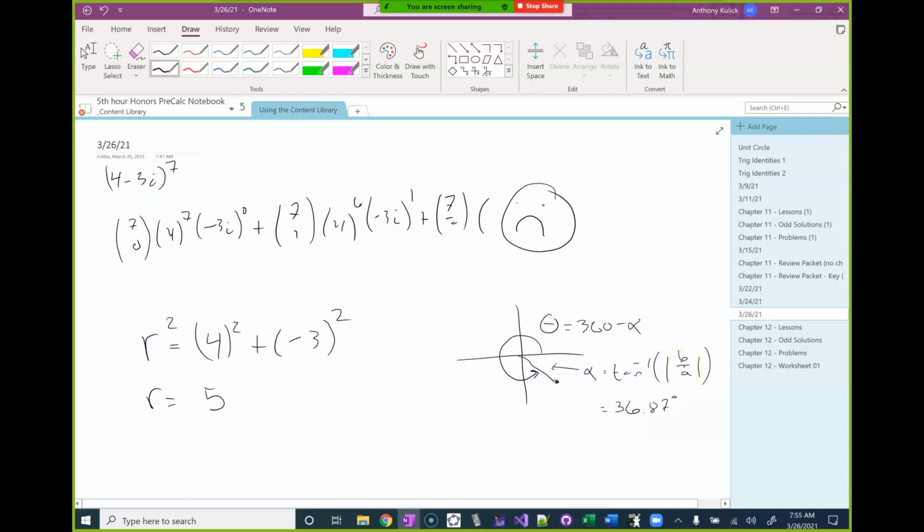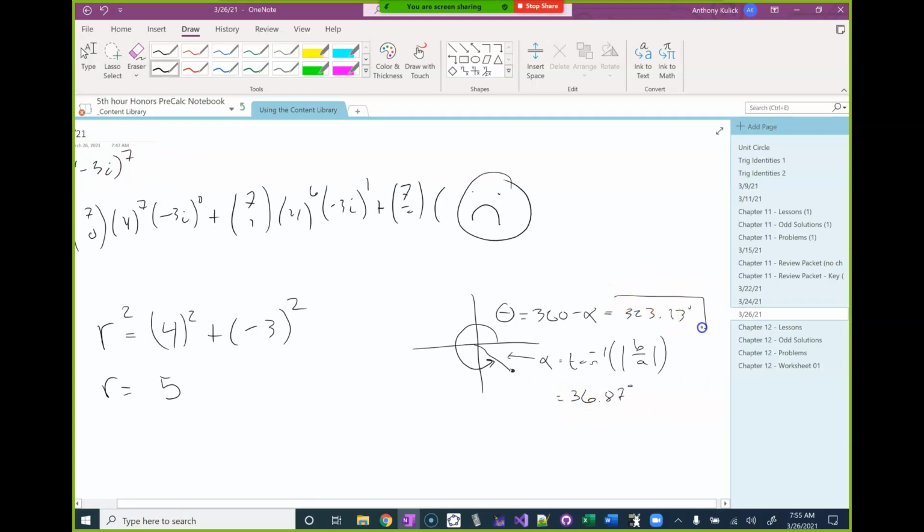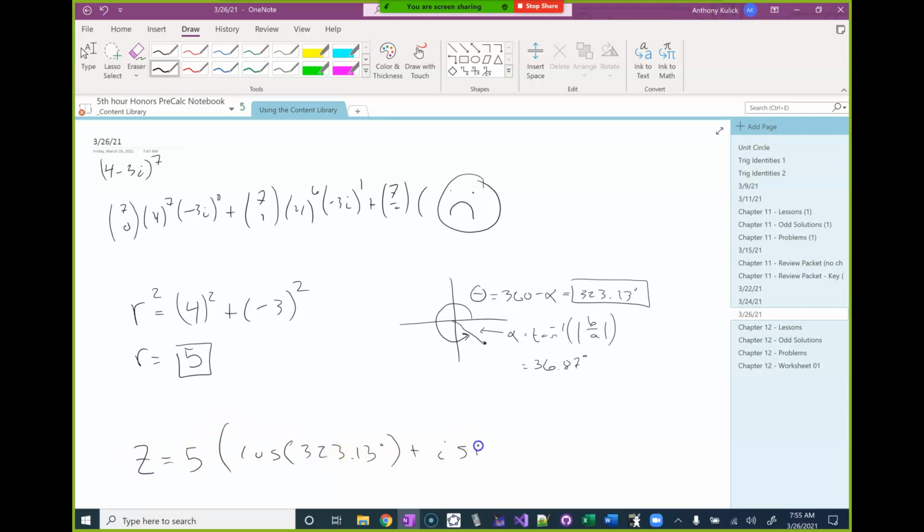So if I do 360 minus that, my theta is 323.13. So those were the two things that I needed, my r and my theta, to get my trigonometric form. So in this case, my z is 5 times cosine of 323.13 plus i sine 323.13.